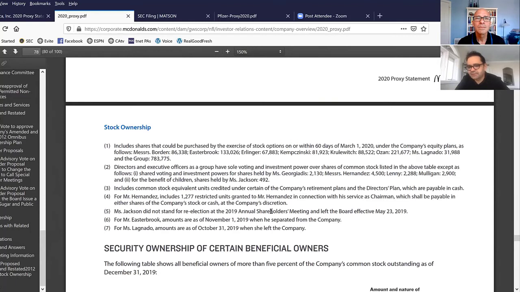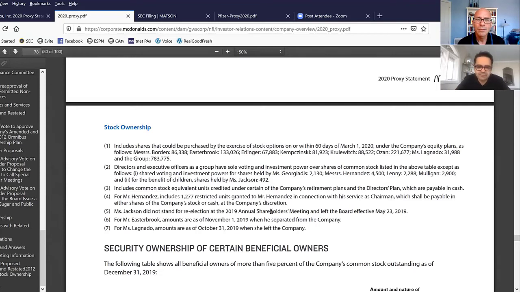Another number of shares are issuable upon distribution of restricted stock units. Whether or not they have voting power over shares, or shares that are held in a profit sharing plan. These are all footnotes that we've used in the past, and oftentimes you'll see other issuers use them as well. So that really isn't conducive to adding into a row next to the number of shares owned. But unfortunately, it makes for lots of footnotes underneath the beneficial ownership table.